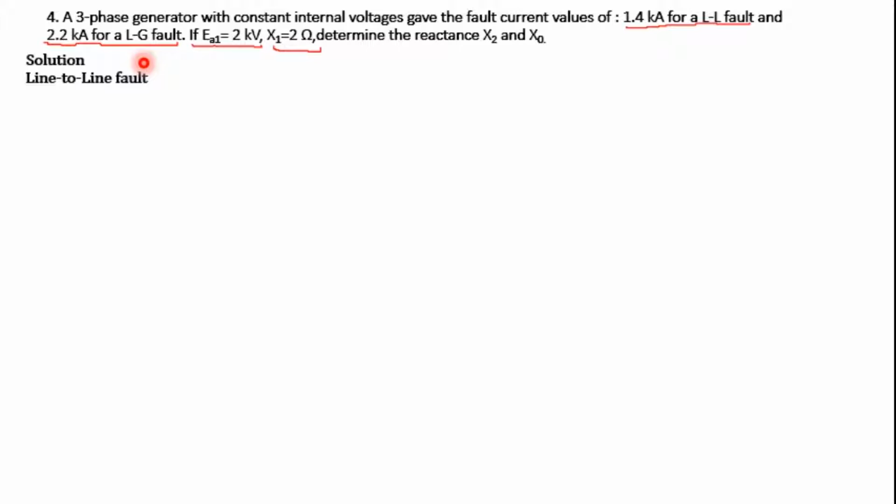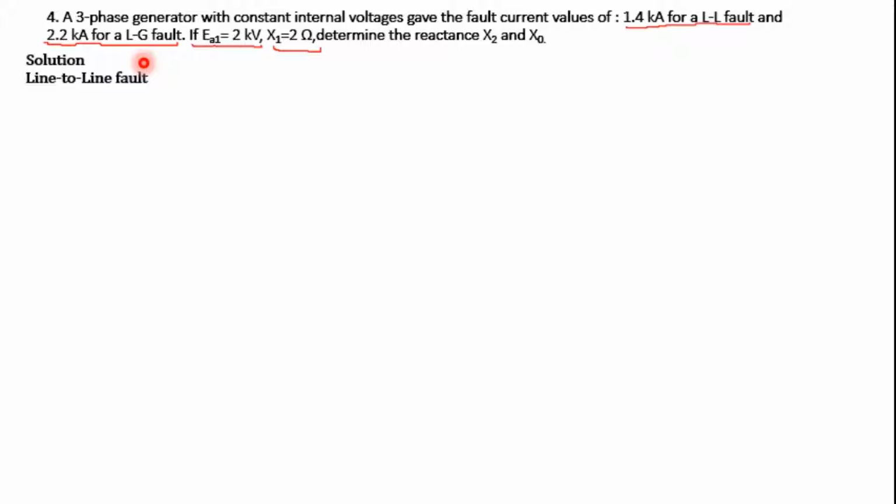And in the case of single line to ground fault, we can calculate X1, X2 and X0 value. In other words, if there are three unknown parameters in the single line to ground fault and you try to solve it at the beginning, you will not get the answer.